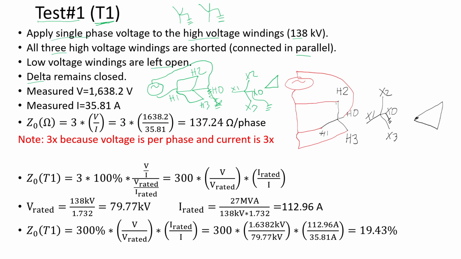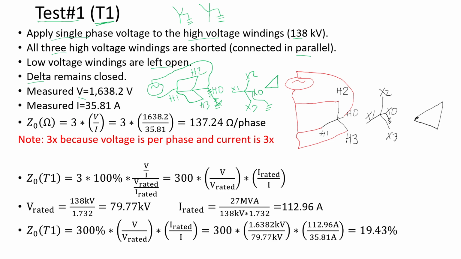So you see here's H1, H2, H3, H0. The red is basically the jumpers that short all the terminals, all the bushings together. So you see H1 is shorted to H2 to H3. Then you have a source from all the windings shorted to H0, and low voltage is left alone, delta is left alone.